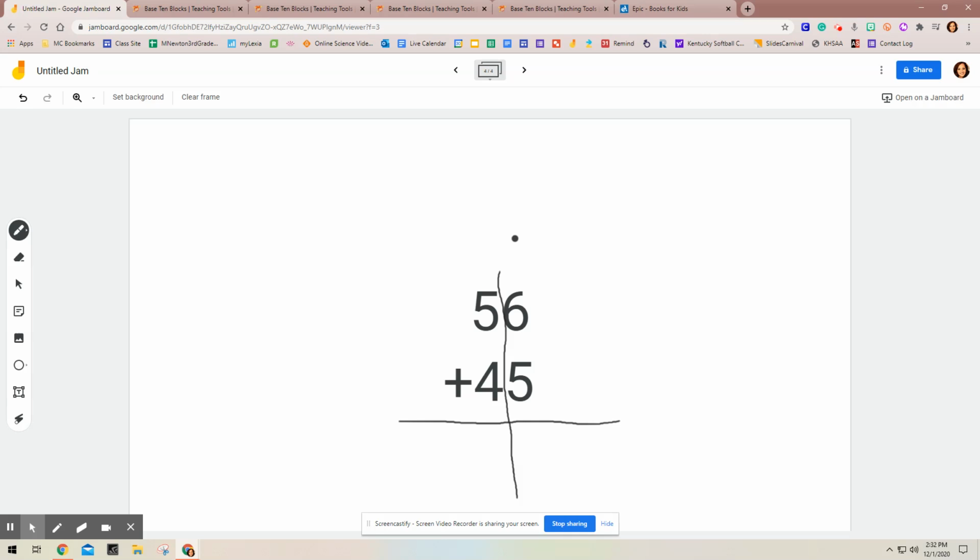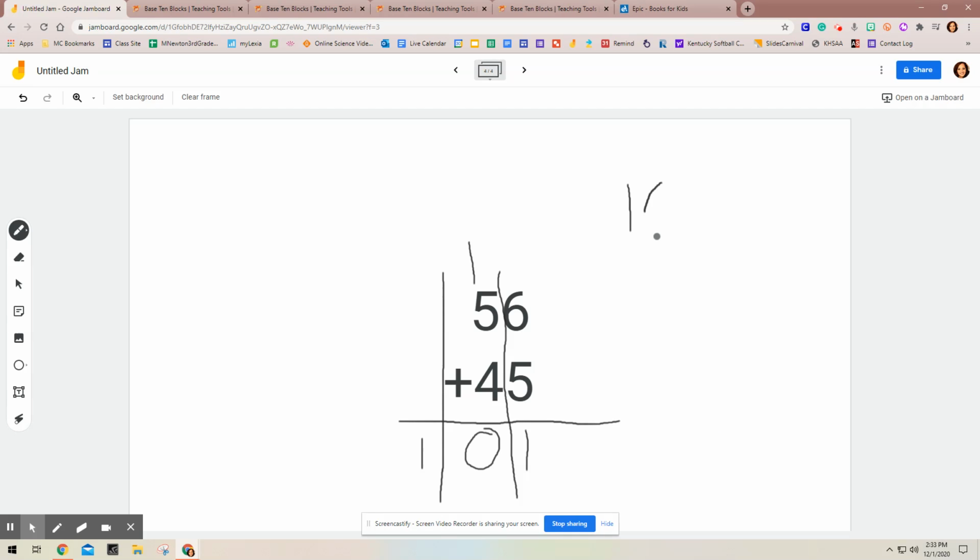So with 11, 11 minus 10 gets me 1. So that needs to go in my 1 spot. Then I'm going to carry my 1. Then I have 5 plus 4 plus 1. Again, 5 plus 4 gets me 9. Plus 1 more gets me 10. So the answer should be 101.